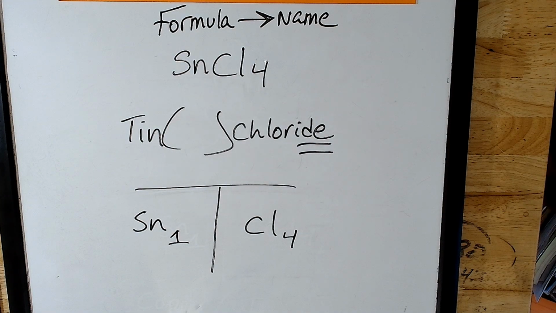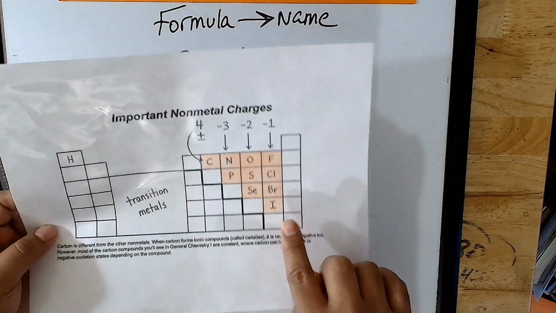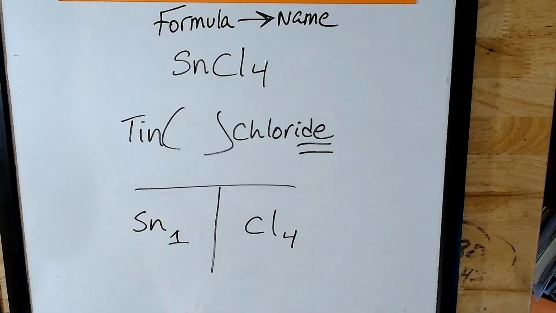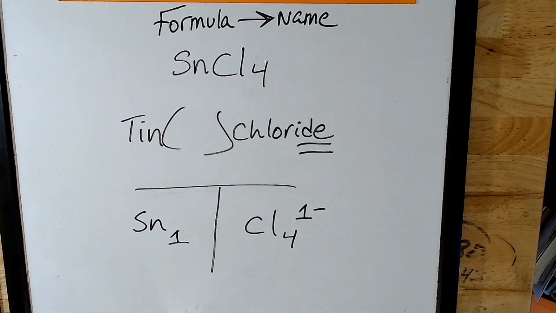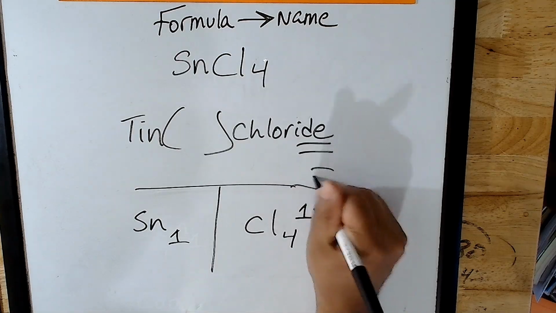Our next step is to determine the charge of the anion, which is a -1 because it's in group 17. Now, to find the charge of the cation, we must make sure the total charge of the compound balances to 0.